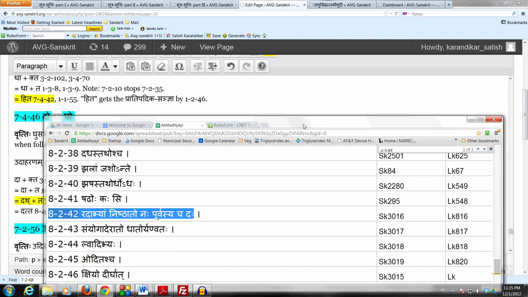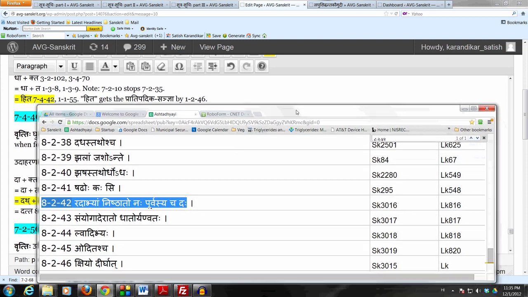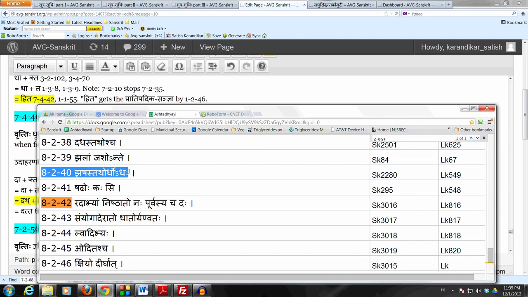Now what if we take the adesha as dadh ending in a chaturtha varnaha dhakaraha? In that case also we know the problem there. The problem would be 8 to 40, Jhashas tathor dho dhaha. 8 to 40 would potentially apply, and then the following takaraha would become a dhakaraha. So these are the complications.